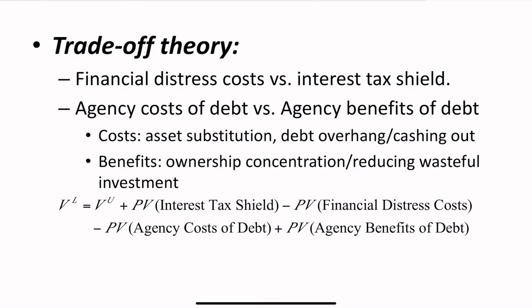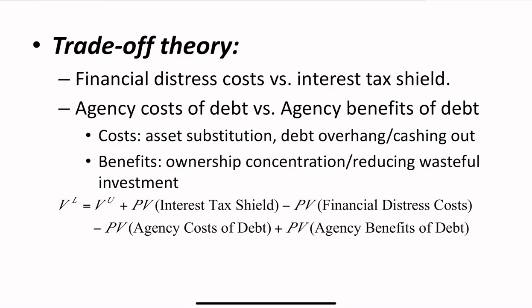And then we discussed the agency costs and agency benefits of debt. In terms of costs, we spent quite some time on agency costs, and we discussed basically three phenomena, right?